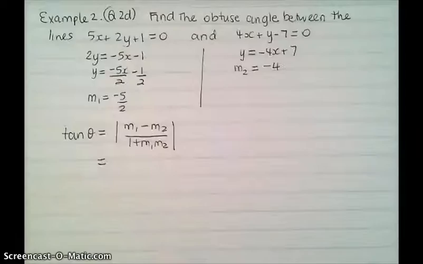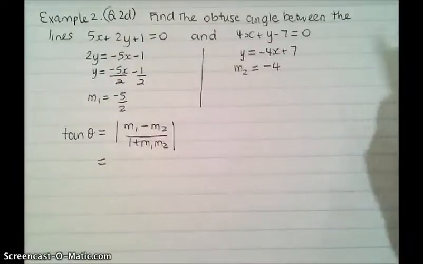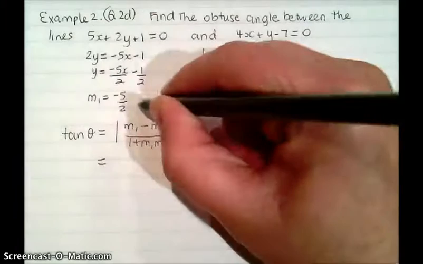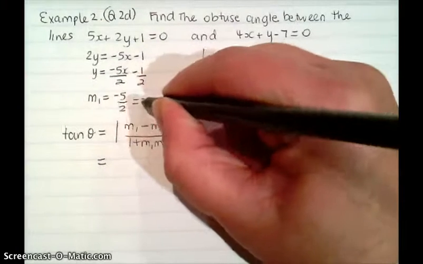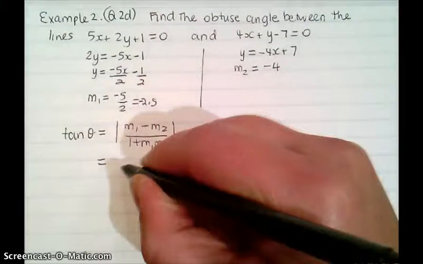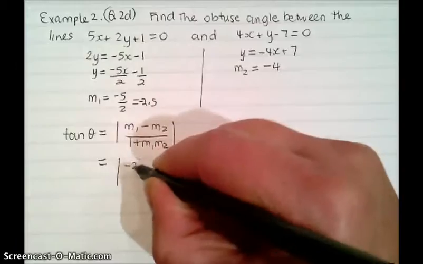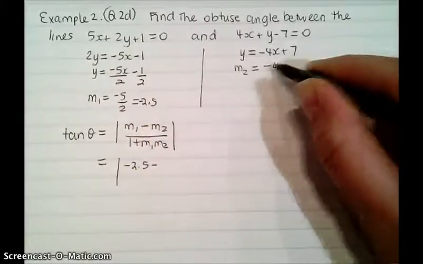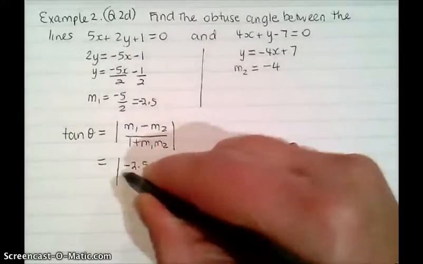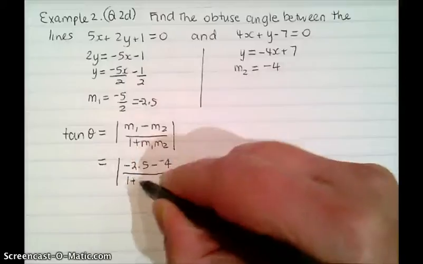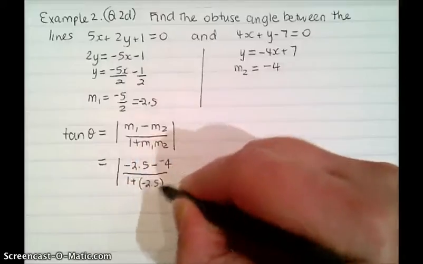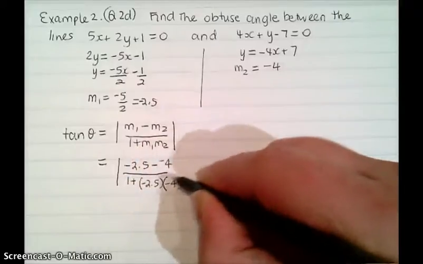Substituting in those values, okay, entering in those gradients, m1 is negative 5 on 2, which is negative 2.5. So it's negative 2.5 minus m2, which is negative 4, over 1 plus negative 2.5 times negative 4.